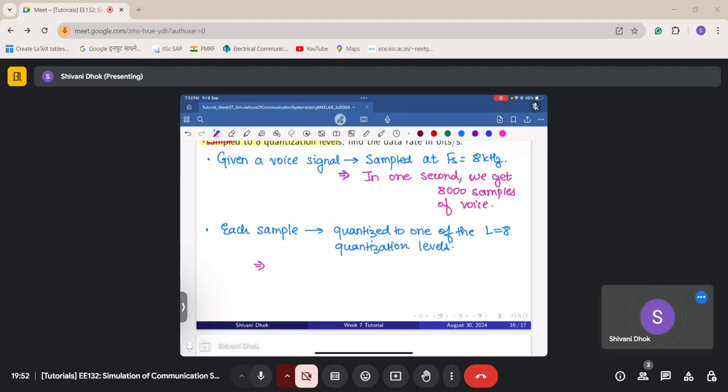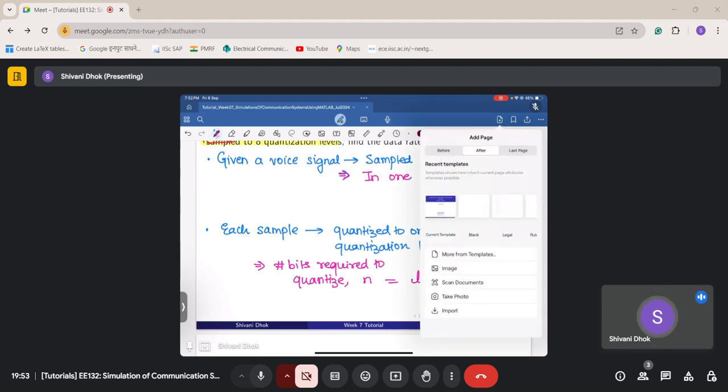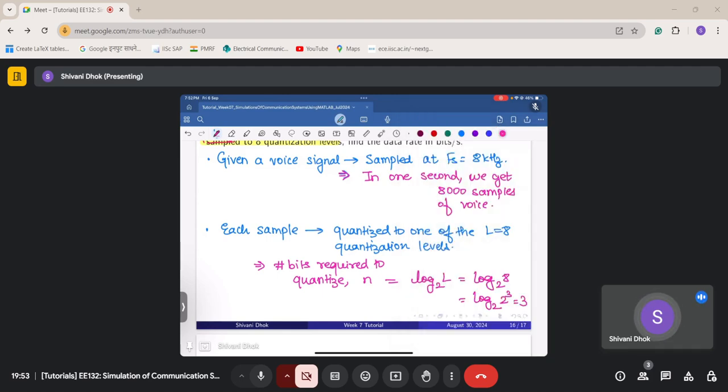Which means the number of bits required to quantize, n, is log L to the base 2, that is log 8 to the base 2. We can write this as log 2 to the power 3 to the base 2, which comes out to be equal to 3.